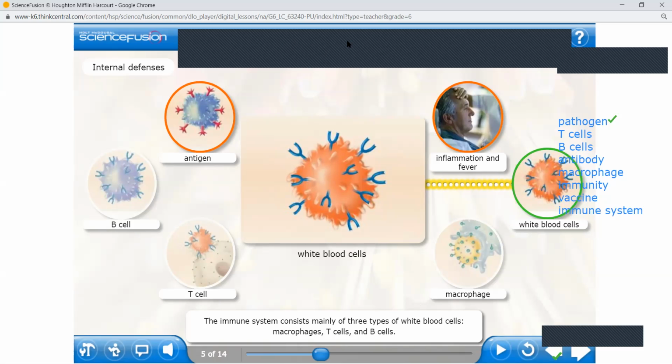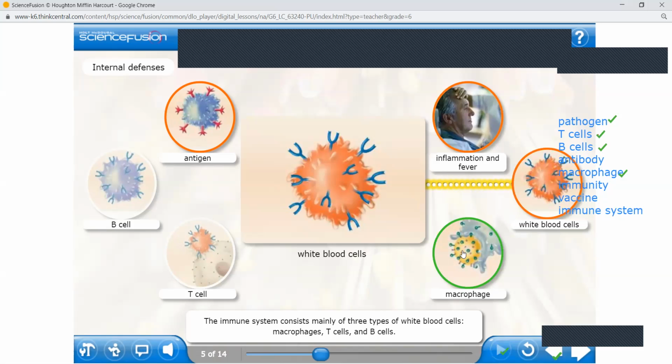I will tell you now what a T cell is, and then I will say what B cells are, and we'll learn about macrophages. These are the types of white blood cells: T cells, B cells, and macrophages.